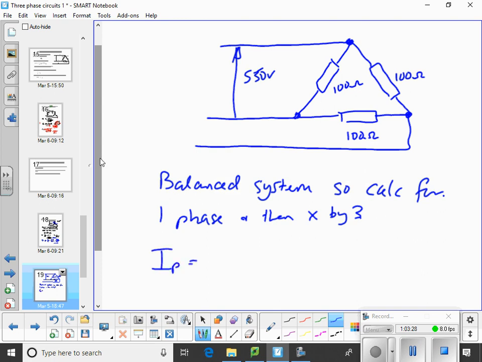So, I phase, this is a phase current, single 100 ohm resistor, that's got 550 volts across it. So in this case that's EL over R, 550 over 100, 5.5 amps. As opposed to 3.15 in star.